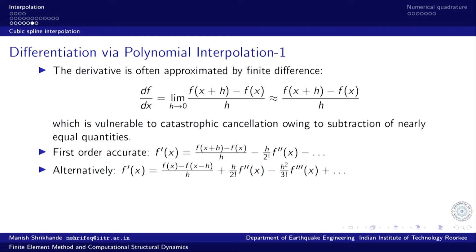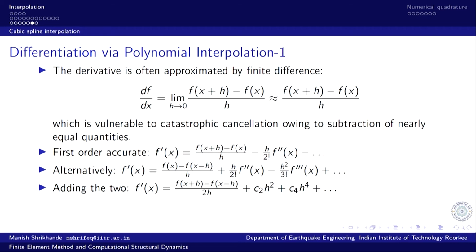What this allows us is to work out the error, use this to cancel the error term, and if we add these two finite difference approximations, then we get the difference over twice the interval, and interestingly the error now becomes second order.